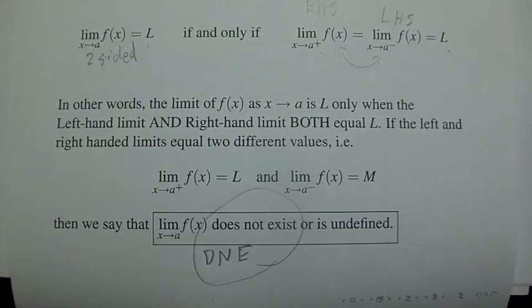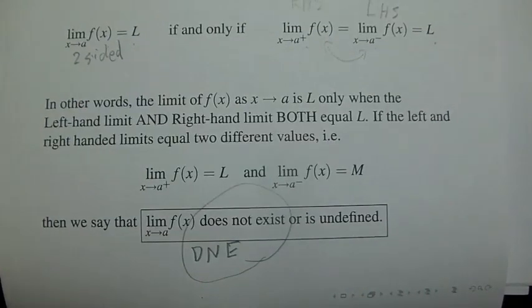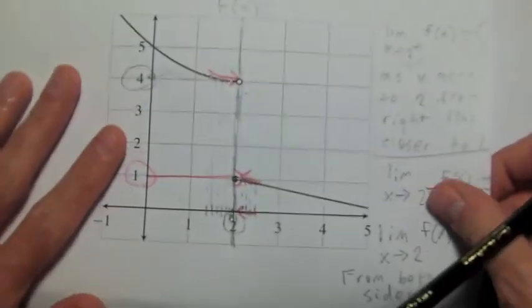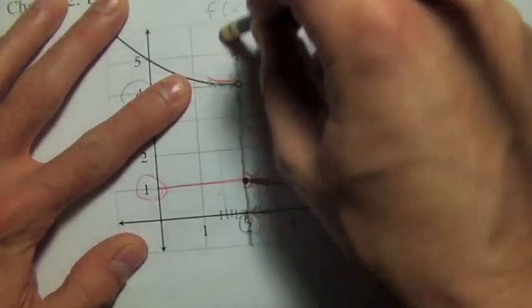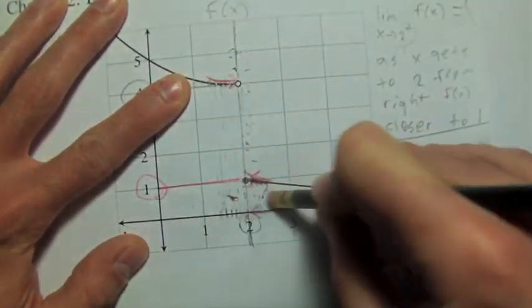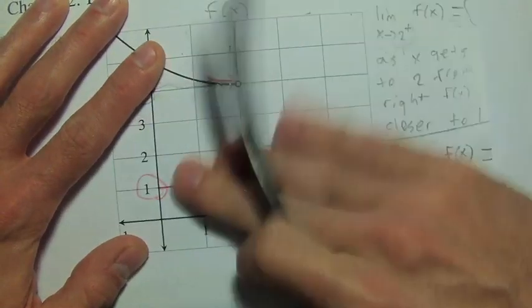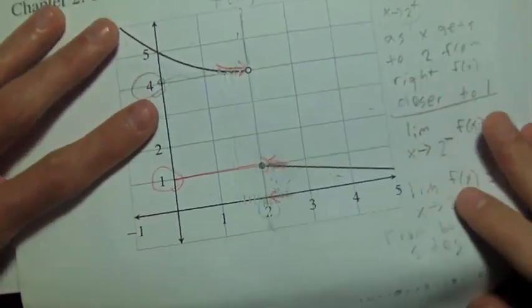All right, one thing I definitely wanted to mention very quickly is if we go back to this example here, I'll erase some of this stuff. We talked about the limit.